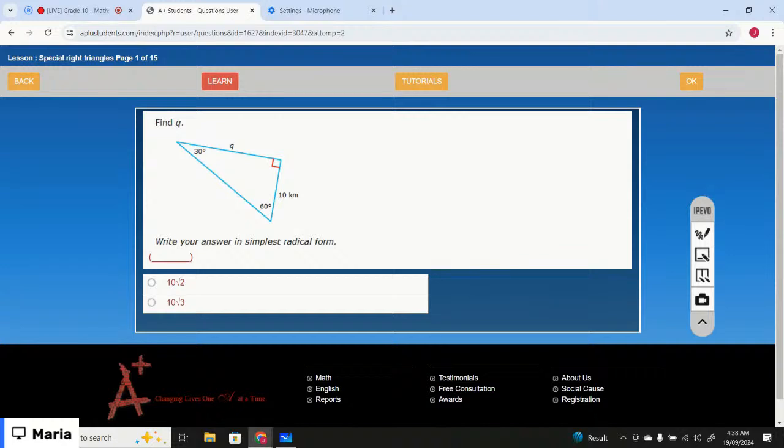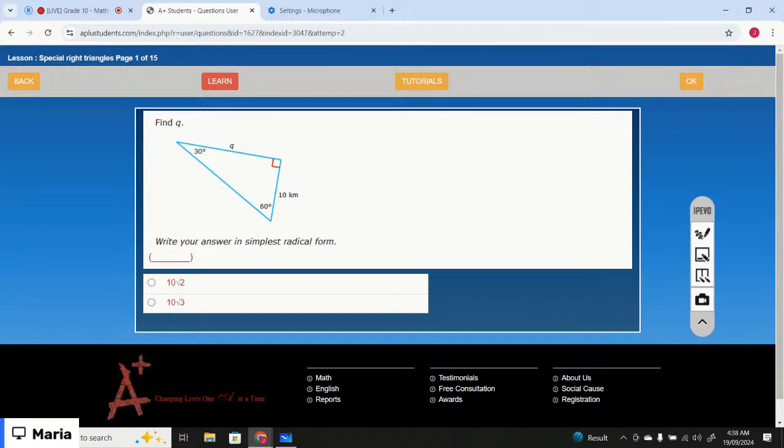Find q. Okay, so you need to find the value of q. So how do we find it?